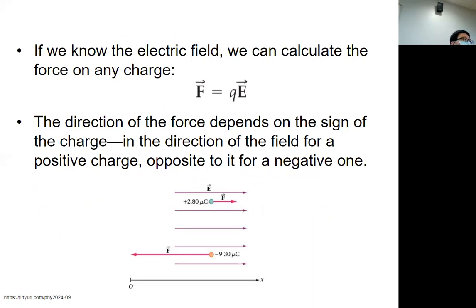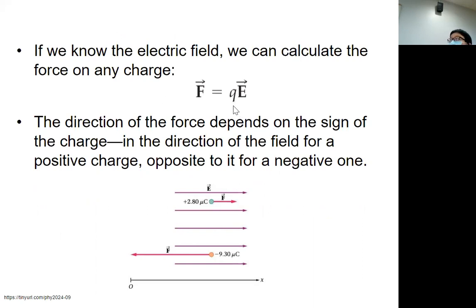So if we know the electric field, then we can calculate the force on any charge. If there's an electric field around and you put a charge inside, then force is equal to Q times E. In this fashion, you can just rewrite the equation from the previous slide here. Now, it depends on if you have a positive charge or negative charge.